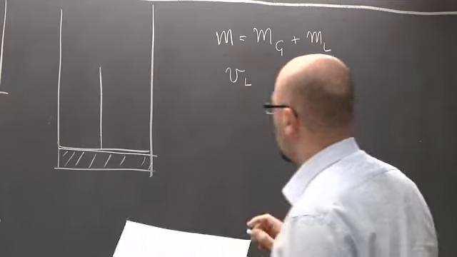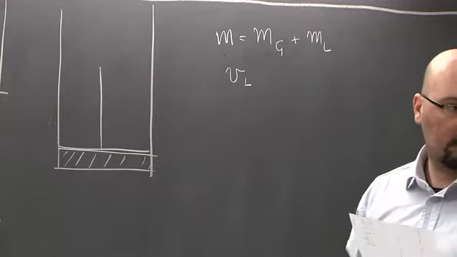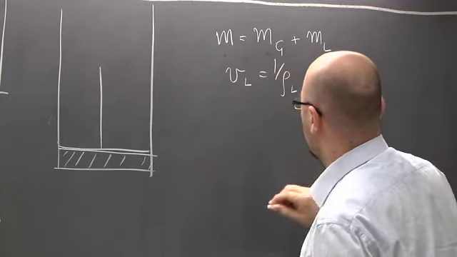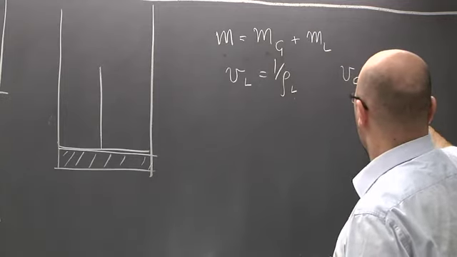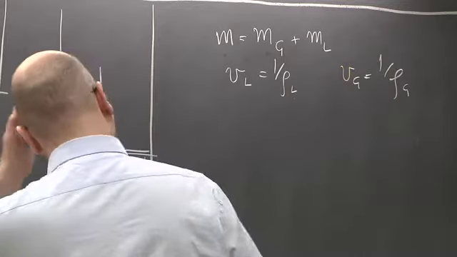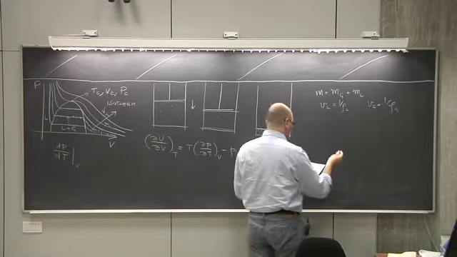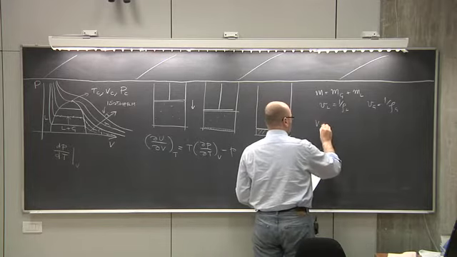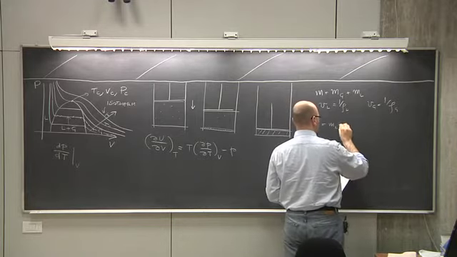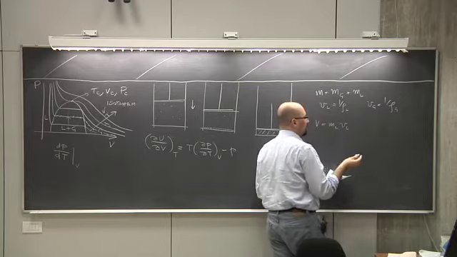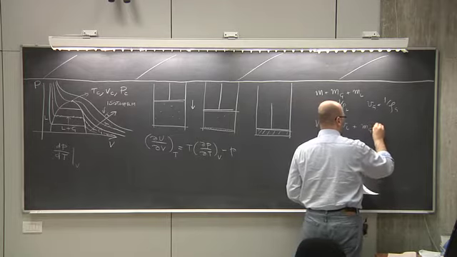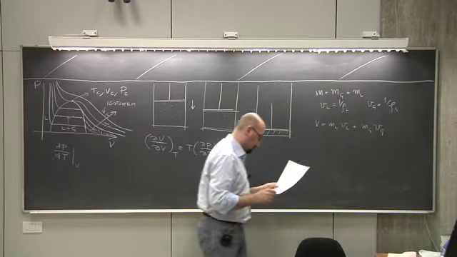We also consider the specific volume of liquid and gas, which is the inverse of the density. And so the total volume of the system can be written as the mass of the liquid times the specific volume of the liquid, plus the mass of the gas times the specific volume of the gas.